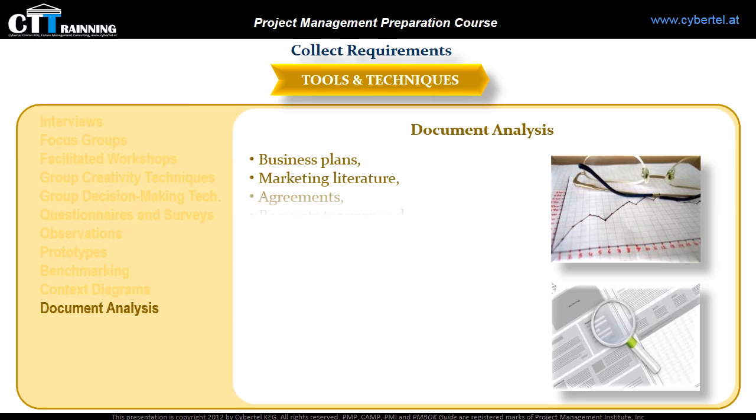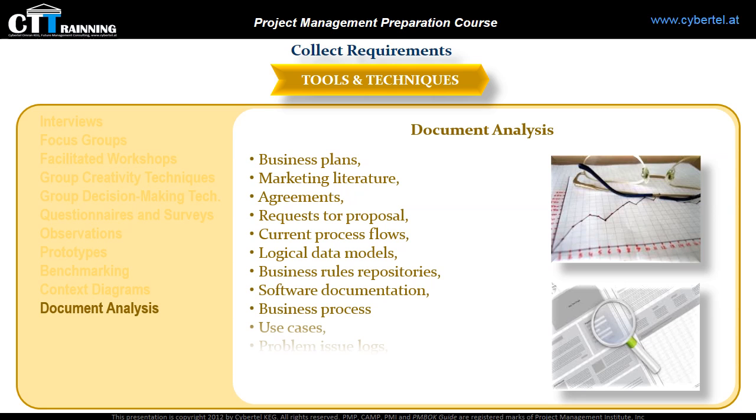Well, documents that may be analyzed during collecting requirement process include but are not limited to business plans, marketing literature, agreements, requests for proposal, current process flows, logical data models, business rules repositories, application software documentation, business process or interface documentation, use cases, problem issue logs, policies and procedures, and regulatory documentation.